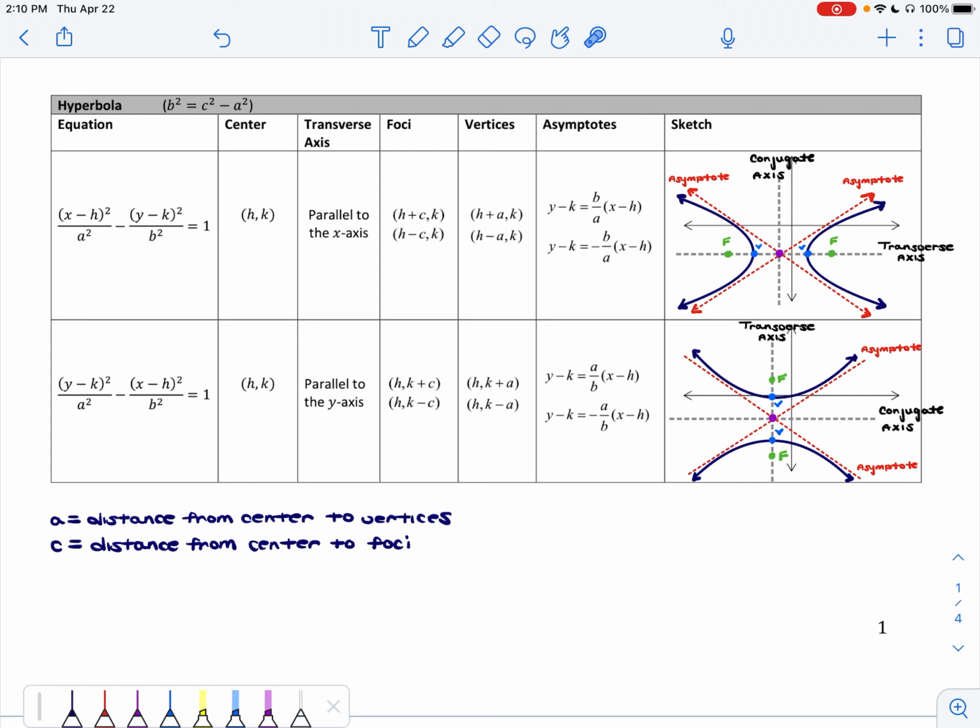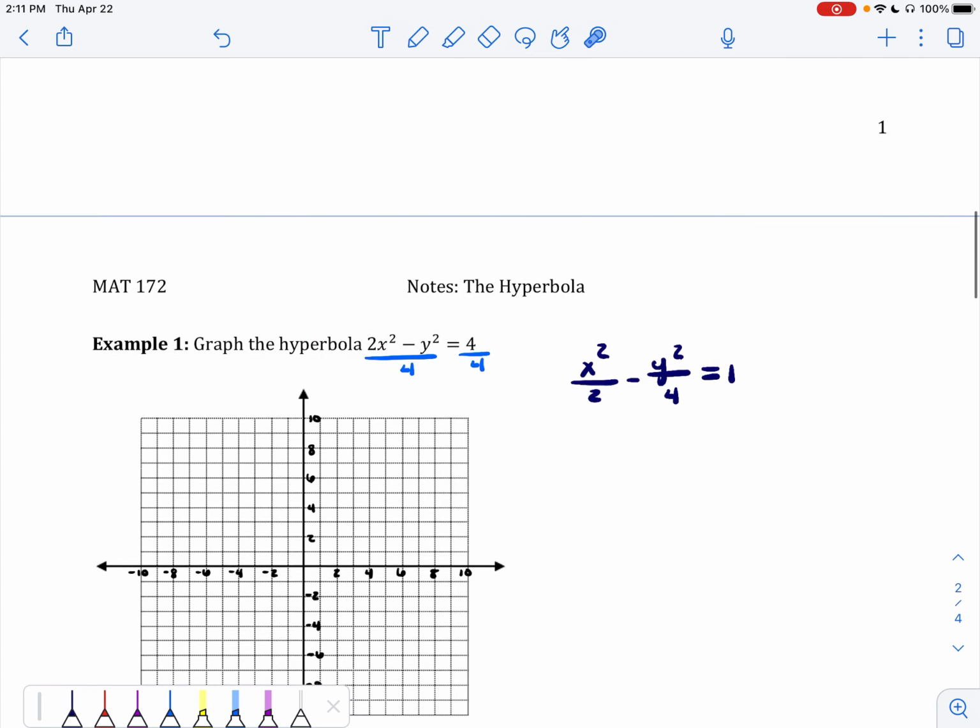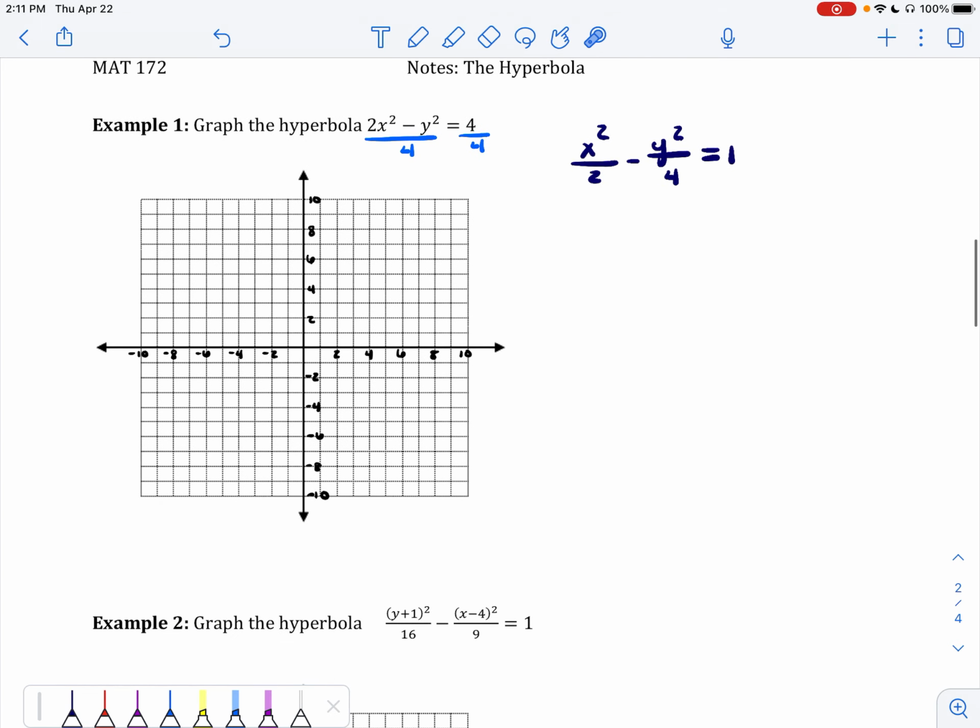A could be the bigger number, a could be the smaller number. It doesn't matter. The only thing that matters is that a goes with that first term, okay? All right, so in this case, that means then that our a is equal to the square root of 2, and our b is equal to the square root of 4, which is just 2, okay?